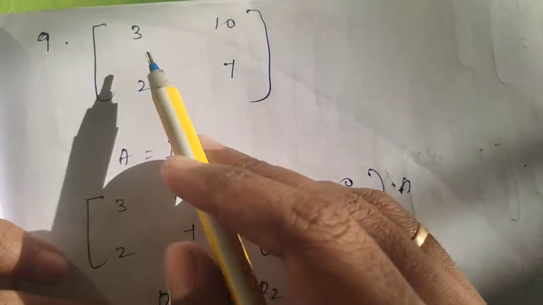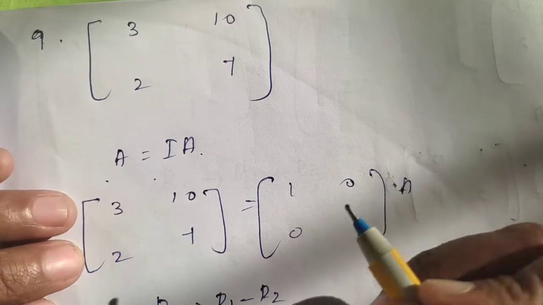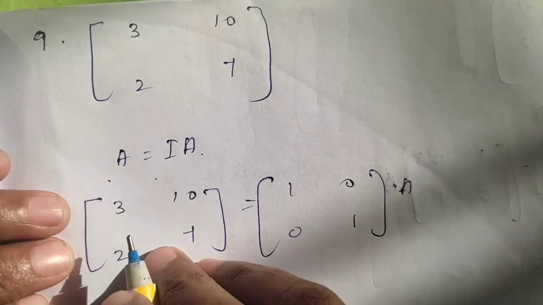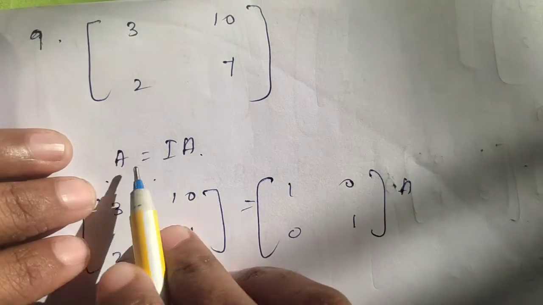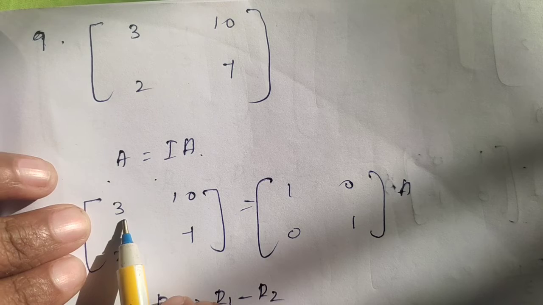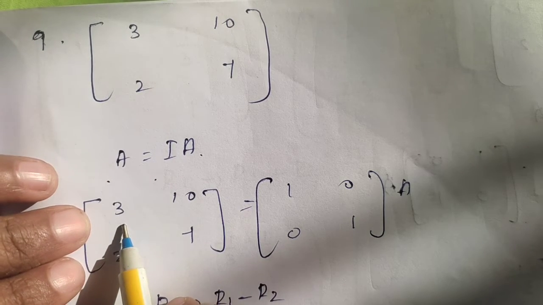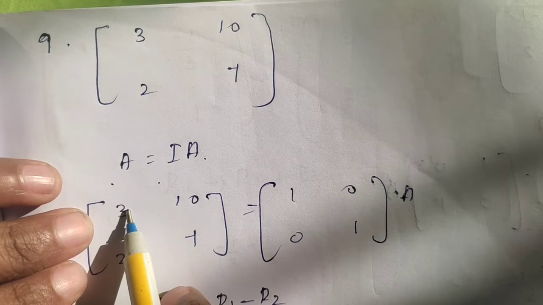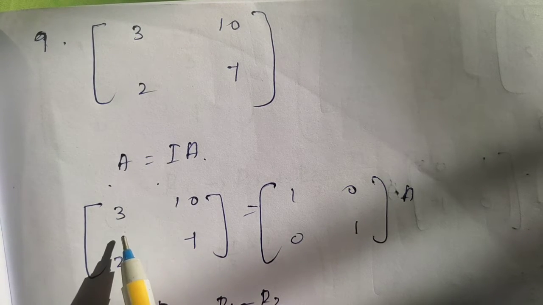So the next problem is, they have given a matrix. Write it as A is equal to IA. We have written. Now we are going to follow the steps to make this matrix identity. So our first step is we should make this element 1. I'll make this element 1 just by dividing it by itself, that is R1 by 3.